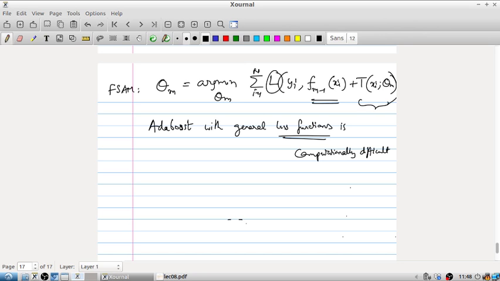For example, if I change the loss to absolute value loss, then the problem is difficult.